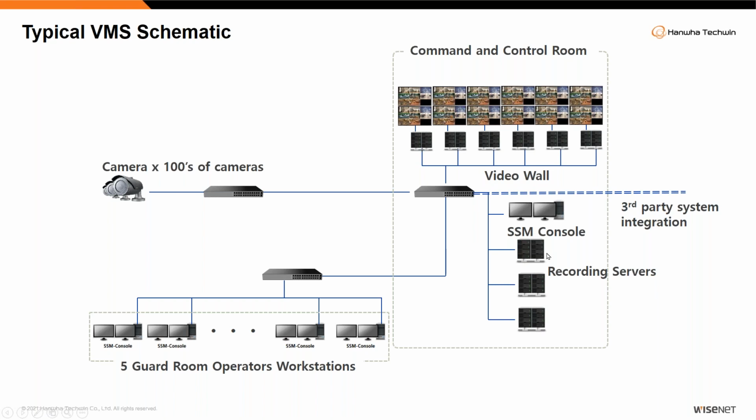The video management software will have multiple sub-software: the client application, the recording application. The recording application will be installed here, the video wall application will be installed on the video wall side, and the client application will be installed on the operator side.